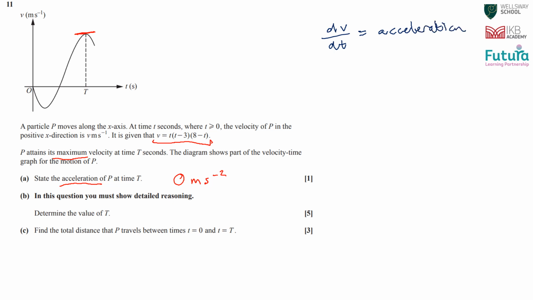But to start with, I'm going to expand out that bracket so it's slightly easier to differentiate. So if we expand out this bracket here, what are we going to get? We're going to get 8t plus 3t is 11t. We are going to get minus 24 minus t squared.